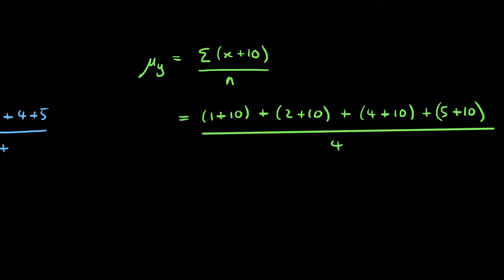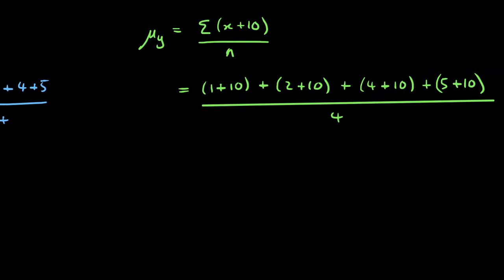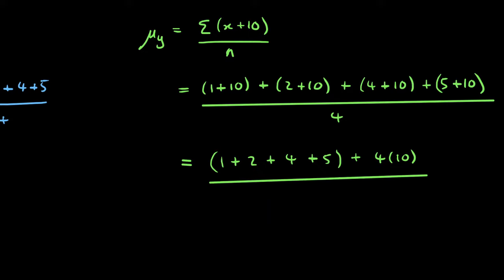Well, I can rearrange that, right? I can rewrite this as 1 plus 2 plus 4 plus 5, that's one thing, plus 10 plus 10 plus 10 plus 10. In other words, I've got 4 10s to add up, which is 4 times 10, all divided through by 4. Now the question is, guys, what is this 1 plus 2 plus 4 plus 5?